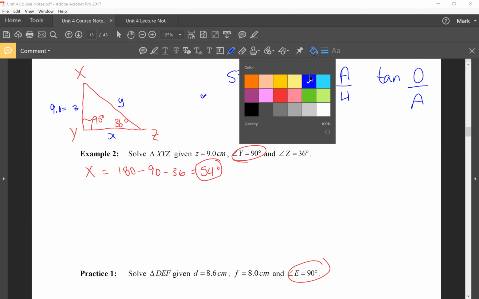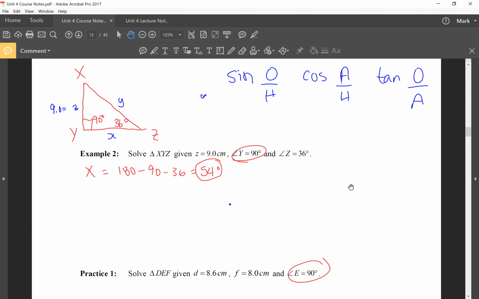Let's say we want to find side X. I have 90, I have 36. So let's use the angle 36 and come up with some ratio where I can find X. Now, for angle 36, the X is my adjacent.